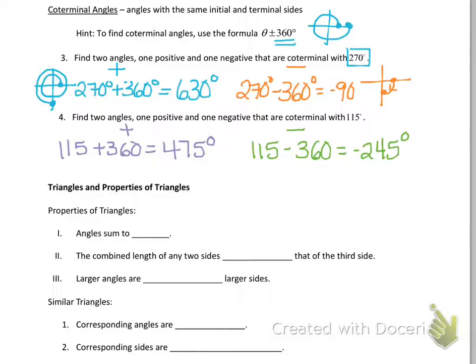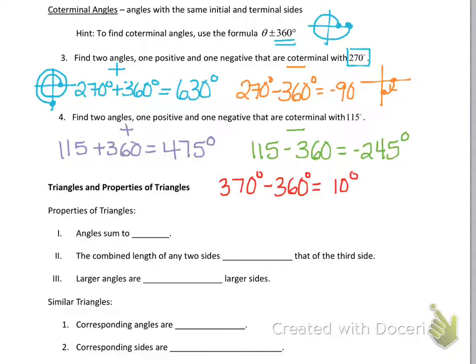Something you might be wondering is if I gave you an example and I wanted you to start at 370 degrees and I wanted a negative one. Well, that means I would subtract 360. But when I do that, I'm left with positive 10 degrees. So I haven't yet found a negative coterminal angle.